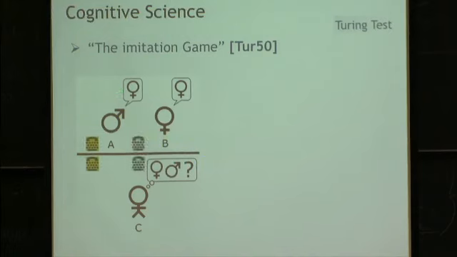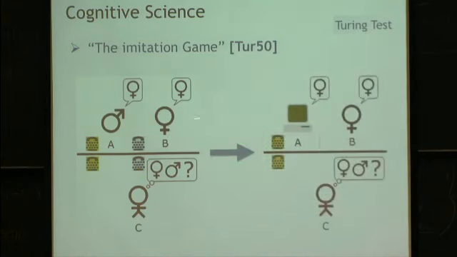This is the idea that the connection between the interrogator and the participants is done by a terminal, which is one of the keystones of the approach. And then somehow, in a moment, we change this participant here for a computer. And C, the interrogator, has to decide who is the man pretending to be a woman, or if this is a computer, I guess.